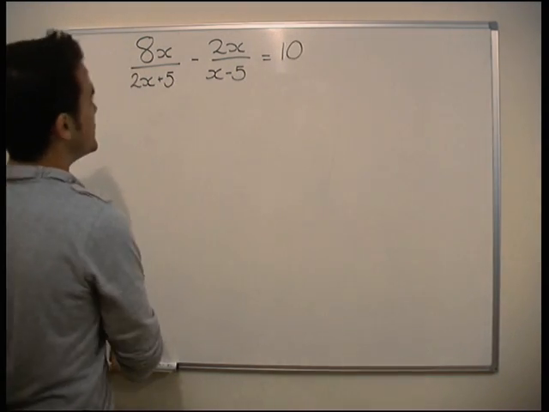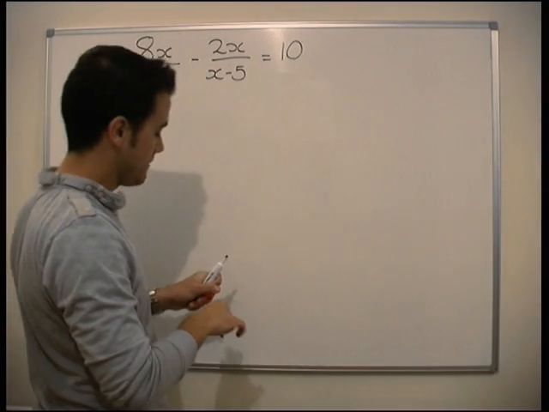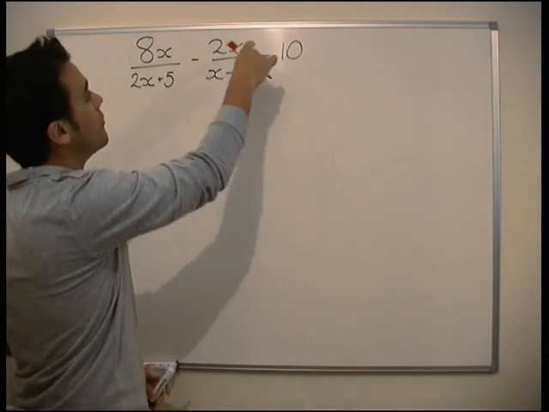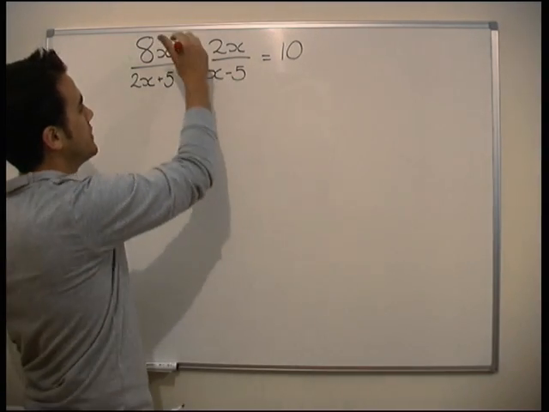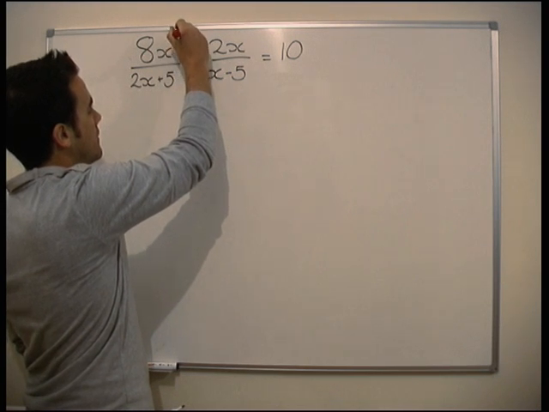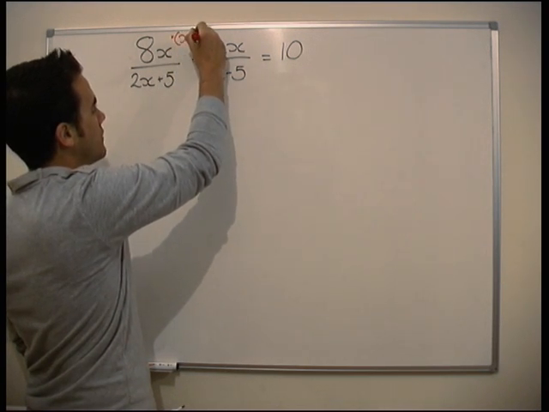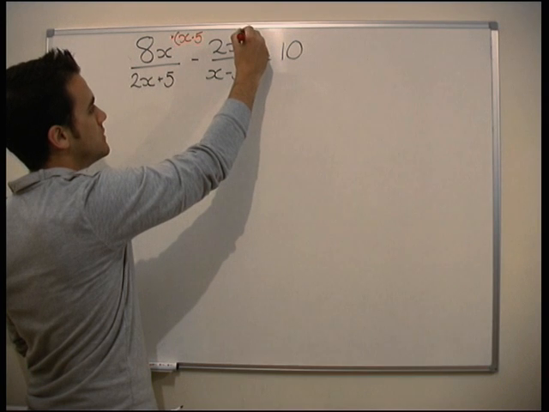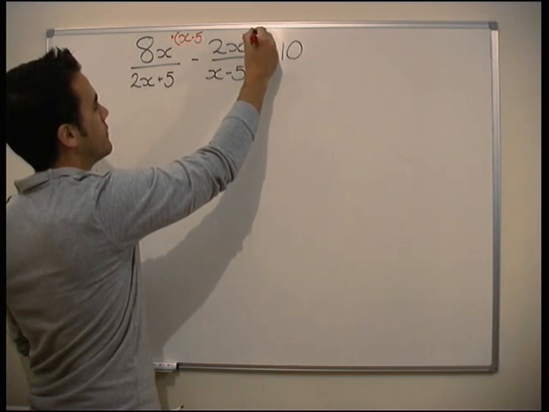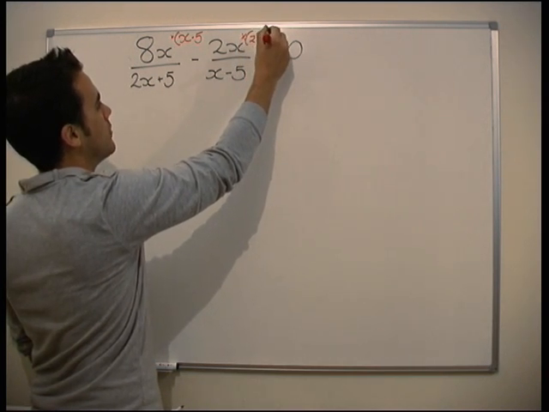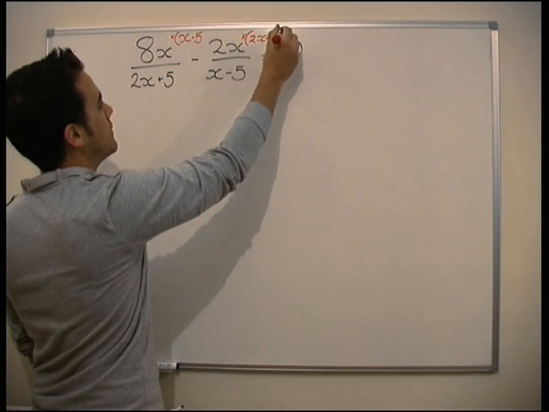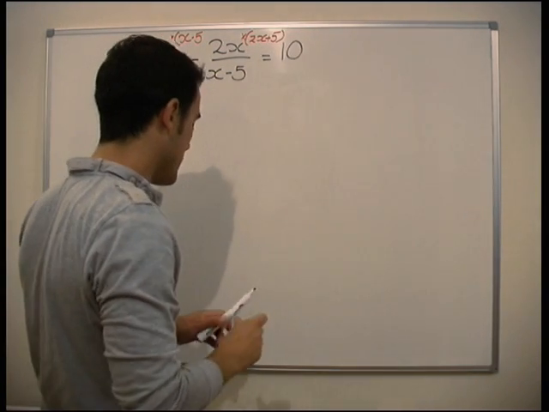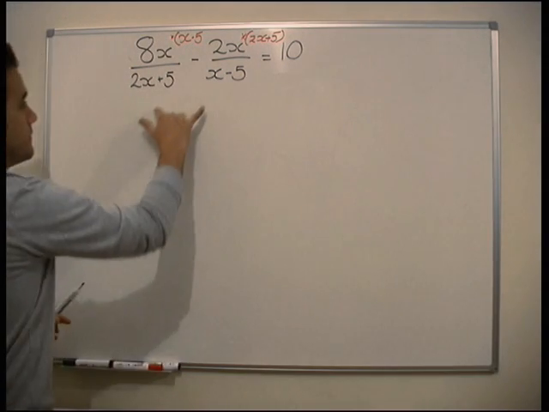So we're going to solve this in the same way we solved the last question. We're going to cross multiply, it's sometimes called. We're going to times this whole side by x minus 5, and this whole fraction times that by 2x plus 5. Okay, so let's do the bottom of the fraction first.